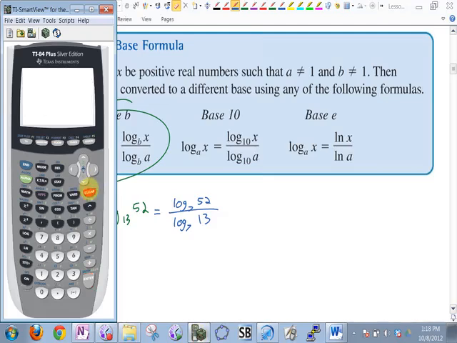So, first of all, let's actually calculate what is the log base 13 of 52. 1.540476309. What is the log base 7 of 52 divided by the log base 7 of 13?